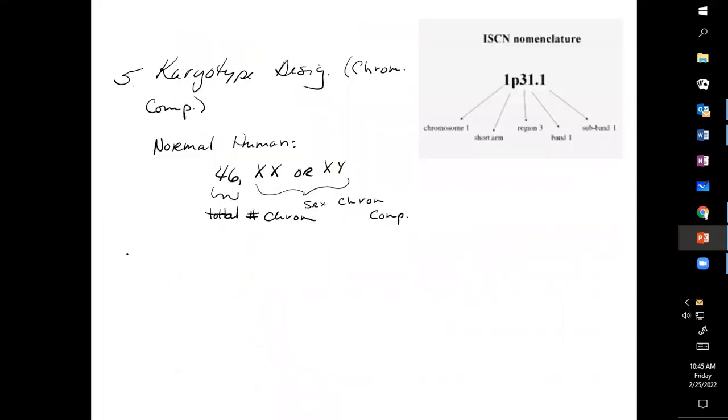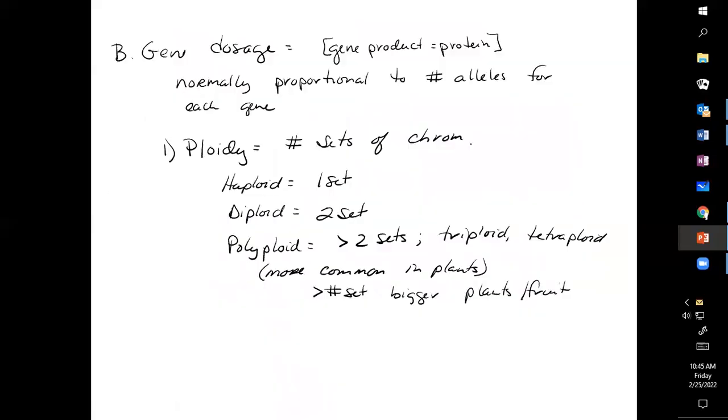And so for the sex chromosomes, a process called dosage compensation occurs. Dosage compensation is an equalization of the gene products.